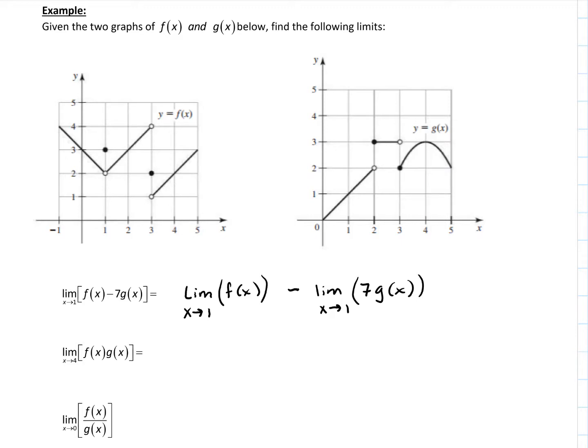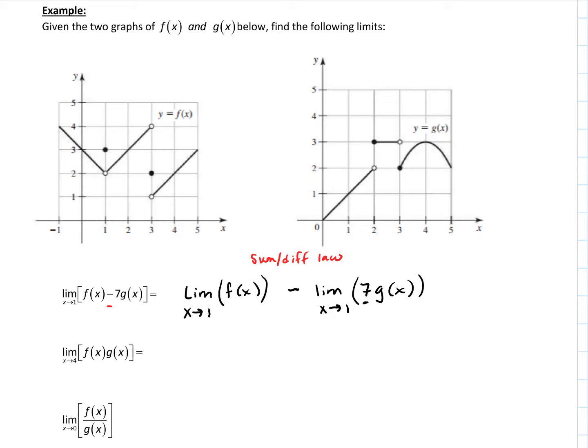So just applying the sum and the difference law: it was actually a difference, but we applied the sum and difference law right here, saying we had a difference, so we can break this up into a difference. And then I notice that I've got a constant multiple right here.